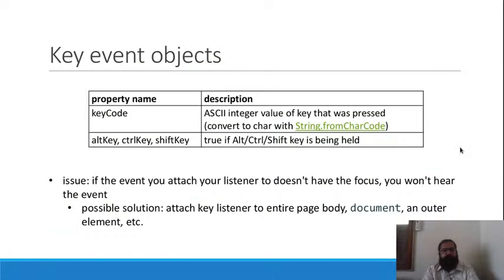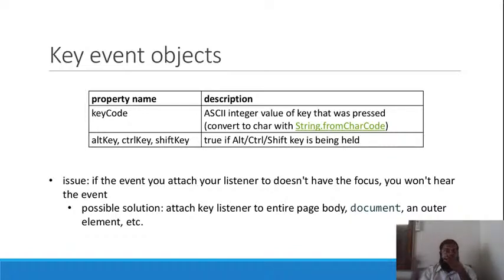So those are the key event objects, and with the key events you will get the ASCII code which will represent which key was pressed, right? So you can convert the character code with String.fromCharCode, and you will get what character was pressed, because it is passing you an integer value.